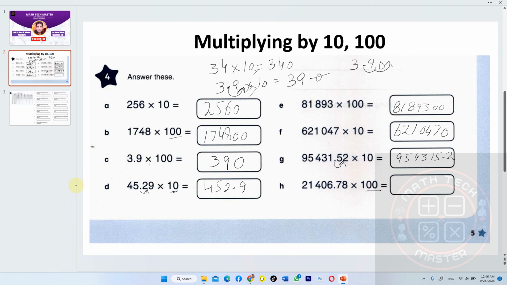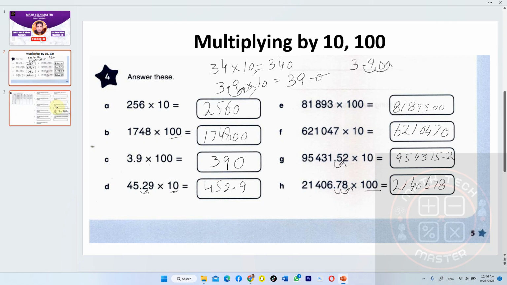So there should be two jumps of the decimal towards the right. Oh, it will be coming outside the number. So the number will become a whole number. We will write down the whole number like this. So you can see that question number 5, page number 4 is one of the easiest topics we have covered so far.